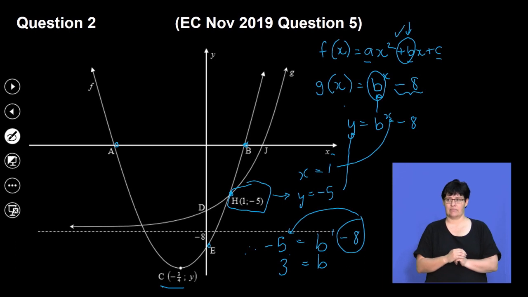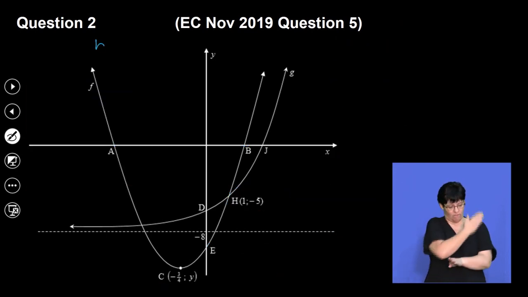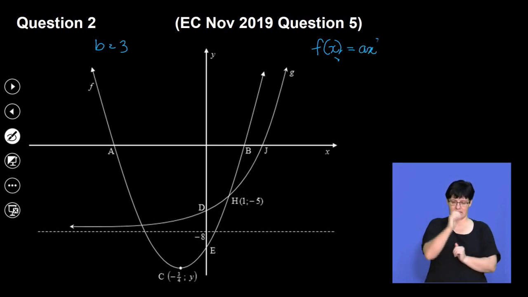I found the value of b, and I can now move my attention to both the a and the c. I'm going to write up here that b was equal to 3. So I can now change my equation slightly: f of x is equal to ax squared plus 3x plus c.